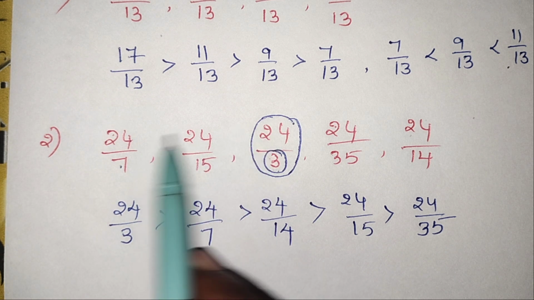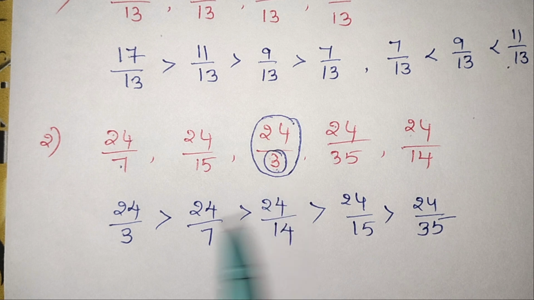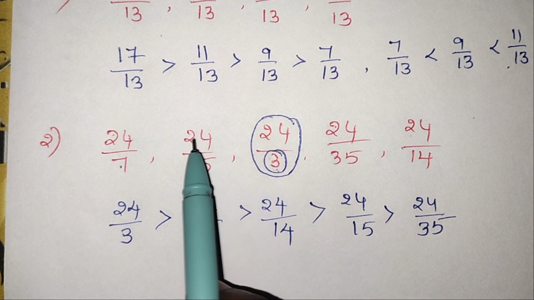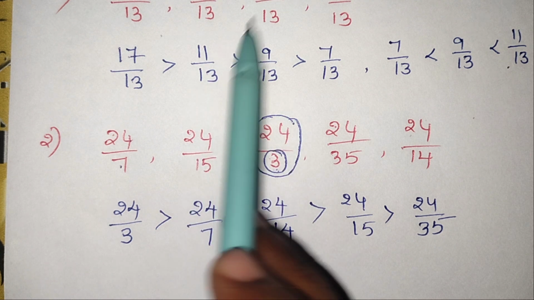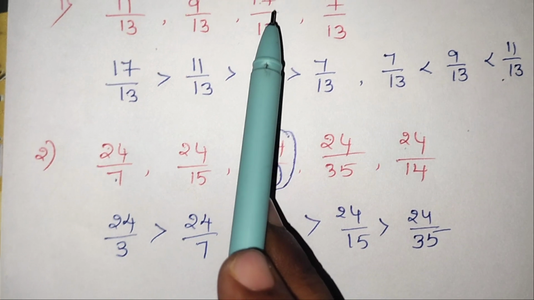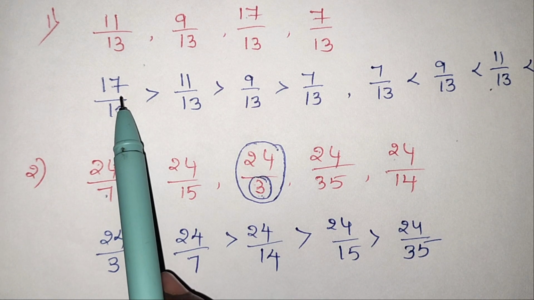So forget about the numerators. Smallest denominator fraction is the greatest one when numerators are equal. When the denominators are equal, the greatest numerator fraction is the greatest one.